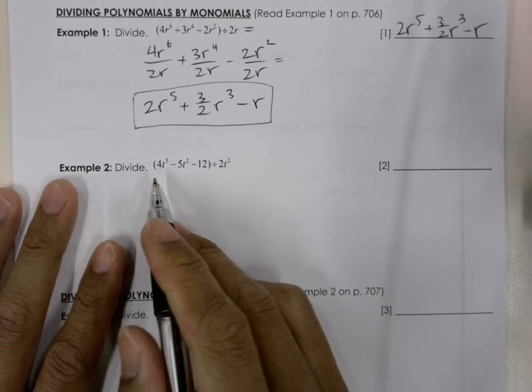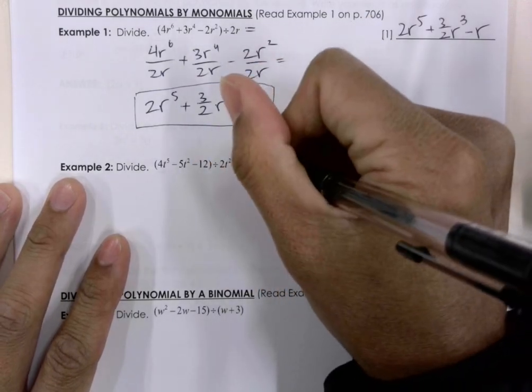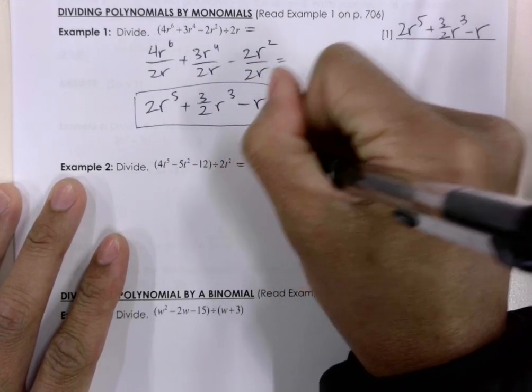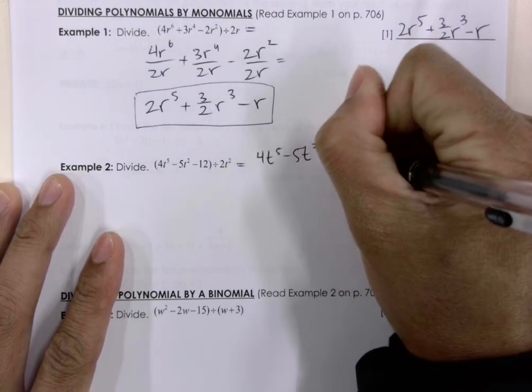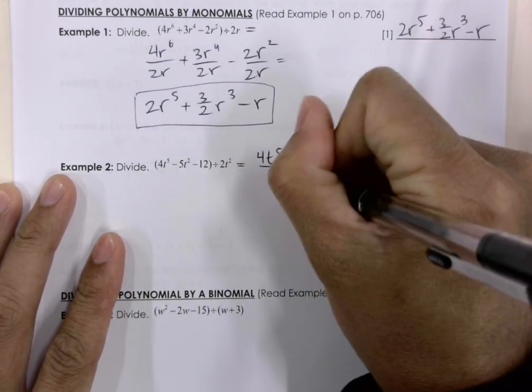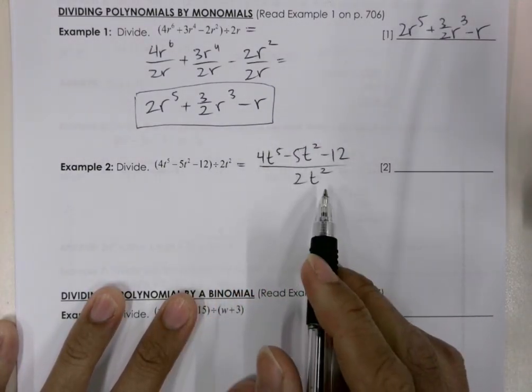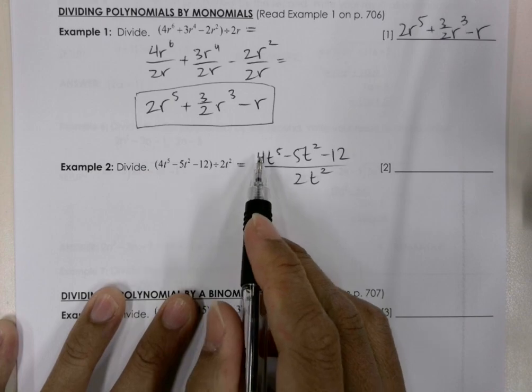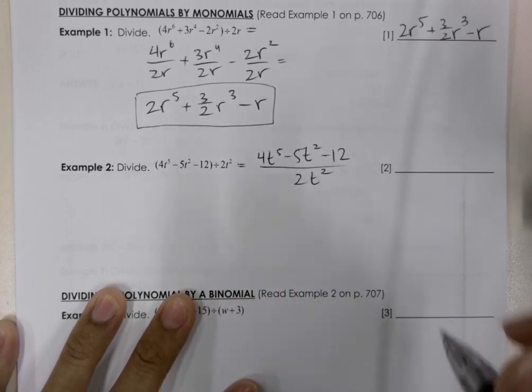So let's go ahead and try it out. Let's write it the long way this time. It's going to be 4t to the 5 minus 5t squared minus 12 all over 2t squared. But we can rewrite this with each term in the polynomial in the numerator over the denominator.